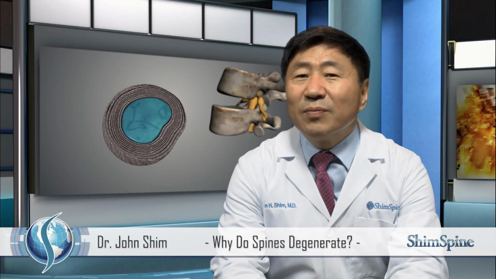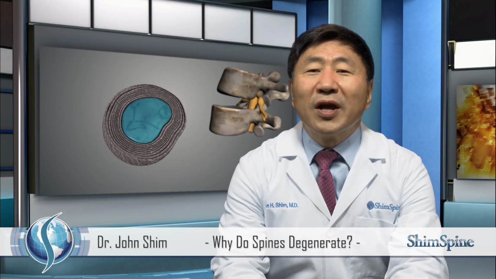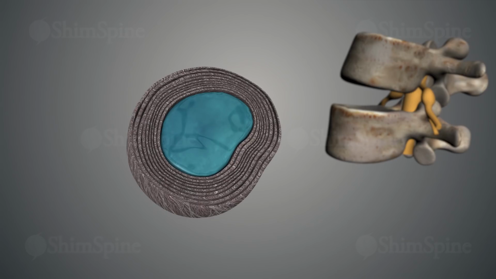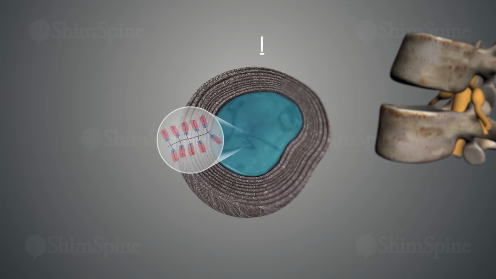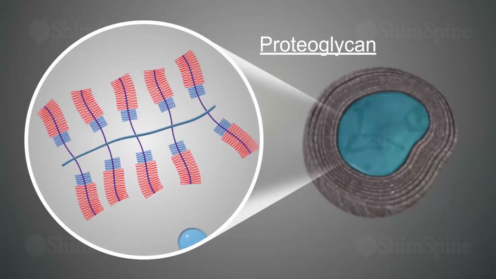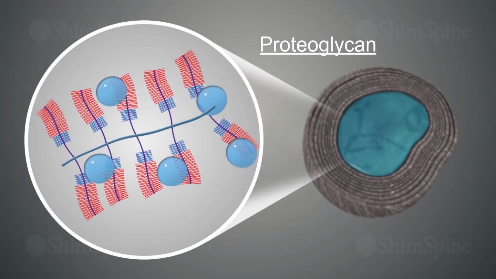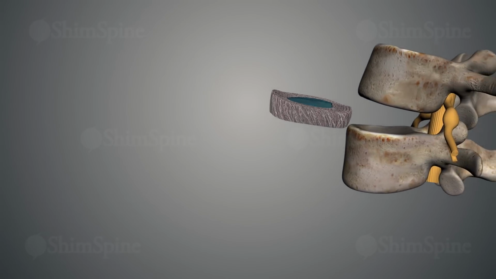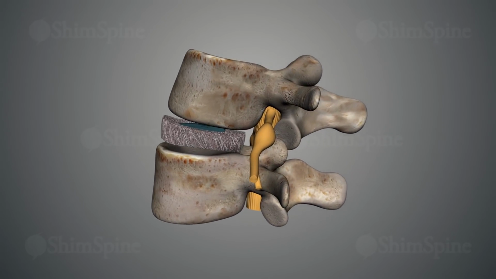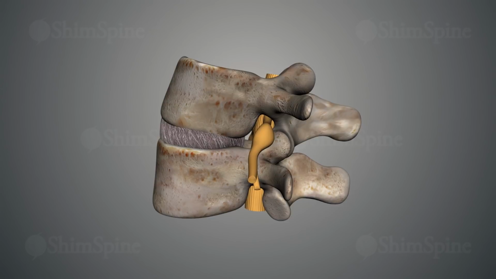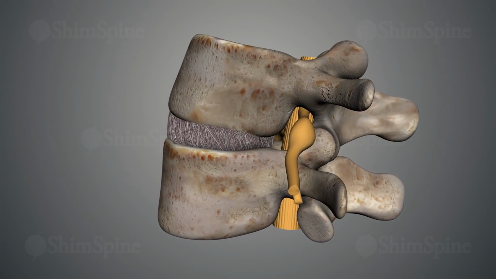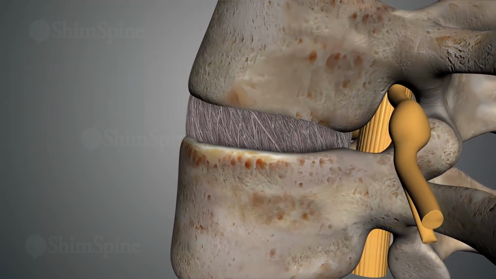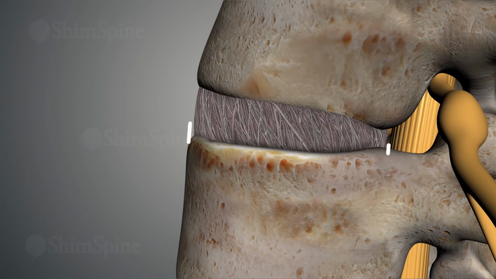There are specific proteins that have a water-capturing property. When we're young, the protein called proteoglycan strongly pulls water, keeping the nucleus full of water and maintaining its height and strength. If you MRI most healthy teenagers, the MRIs will show that discs are full of water, and as a result of the water pressure, the disc walls, or the annulus, are straight.